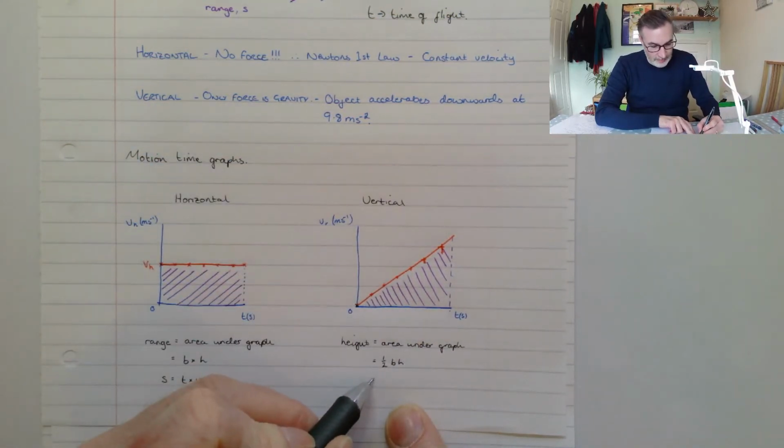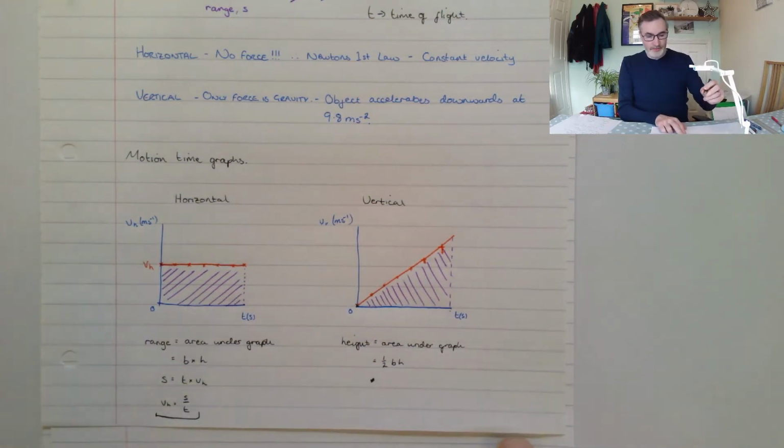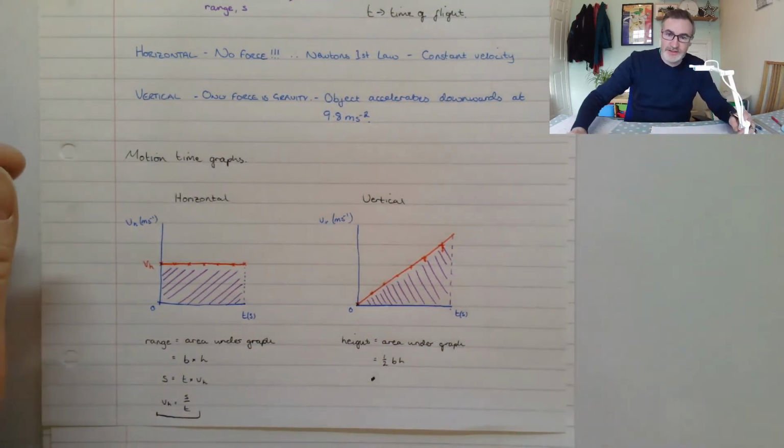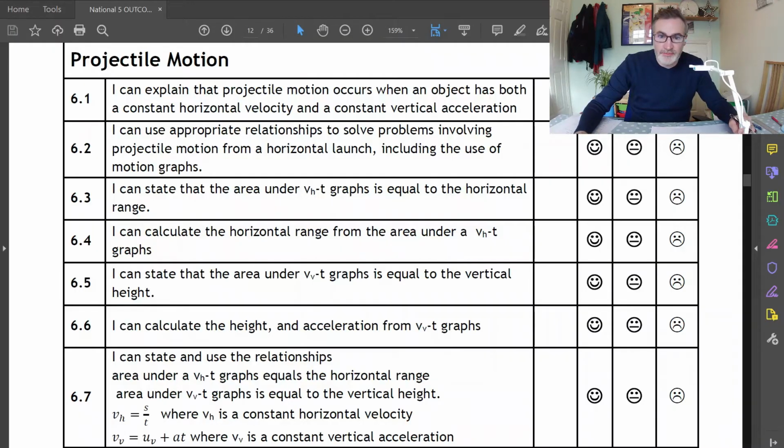Now the second formula, if we look back at our learning intentions, is the very last line, where it says VV is equal to UV plus AT.